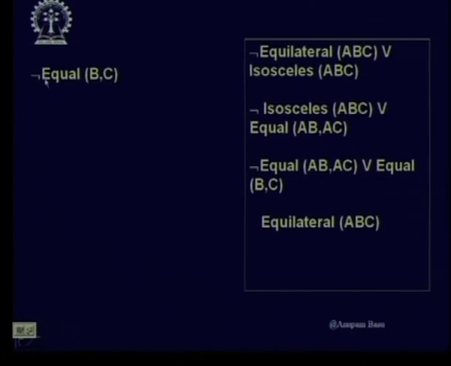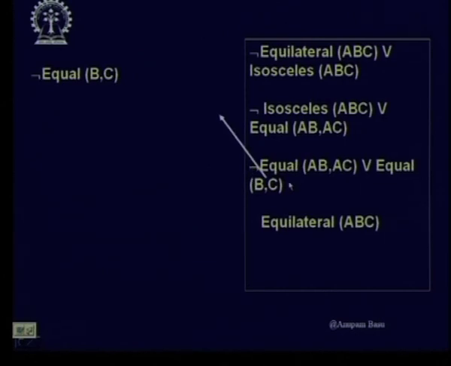So, in order to prove equal BC, we want to disprove not equal BC, and then we have to resolve it, and from here we will have to select one clause where we have got the negation of this. Where is that? That is here, equal BC. It is not equal BC and here is equal BC.